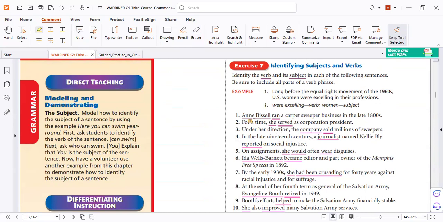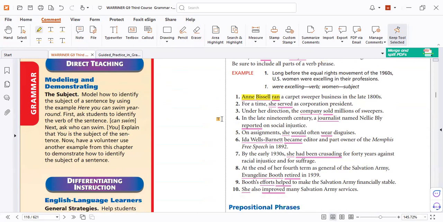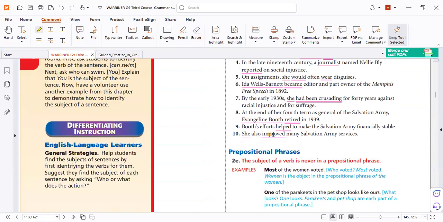The answer is already here, but we need to check who ran a carpet sweeper business. This person, yes or no? It's correct. Yes. Again, who or what improved many Salvation Army services?